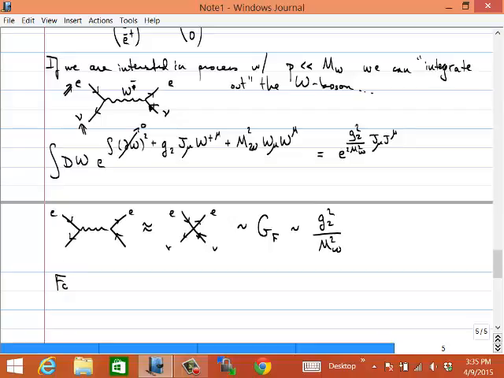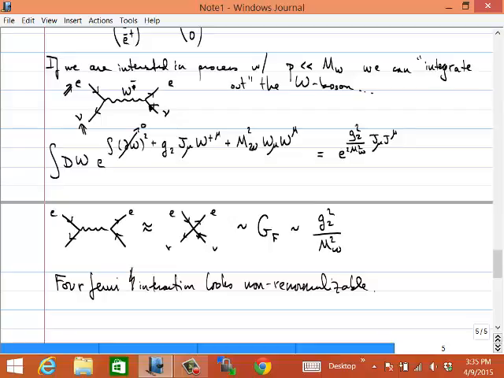So what's going on here? Well, at high energies, at energies of order the mass of the W boson, everything's nice and normalizable.